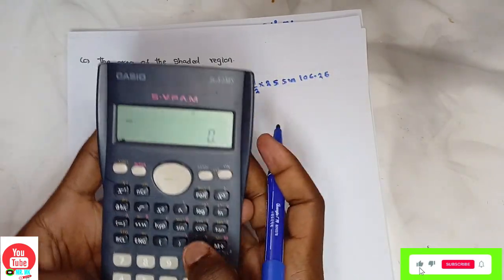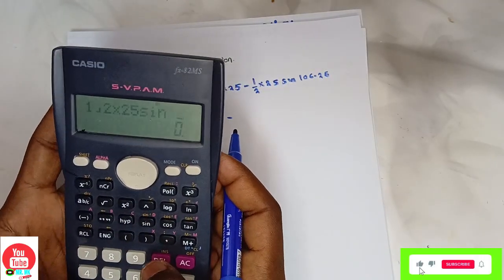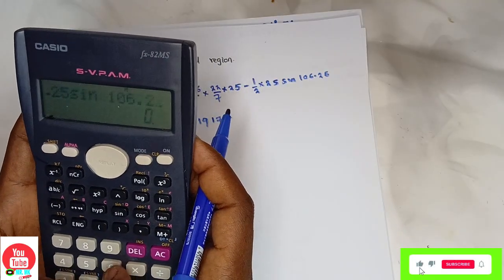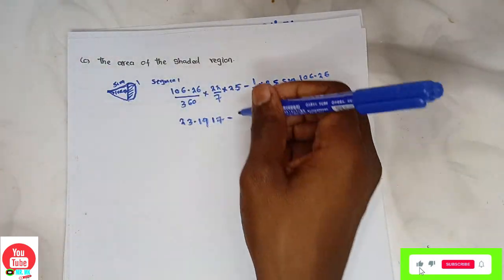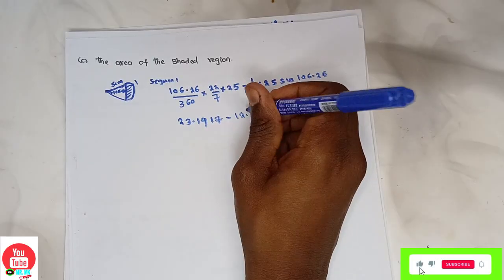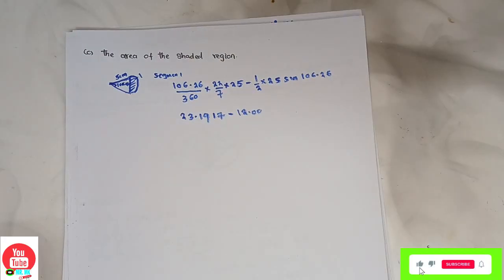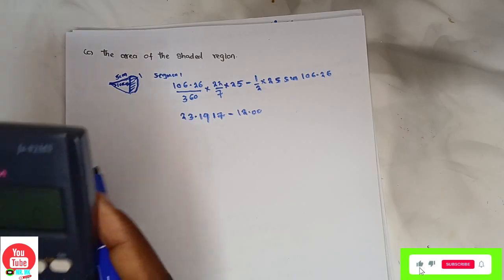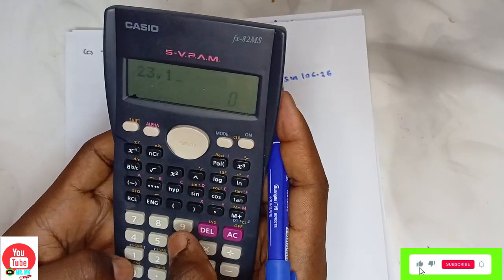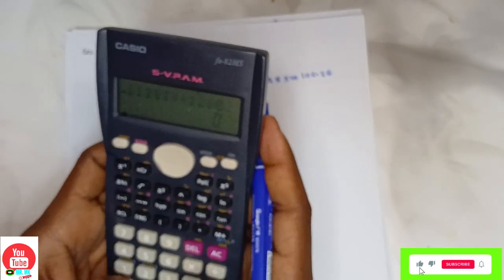Minus a half times 25 sine theta, that is 106.26. That one will be 12.00. Now let's subtract: 23.1917 minus 12.00.